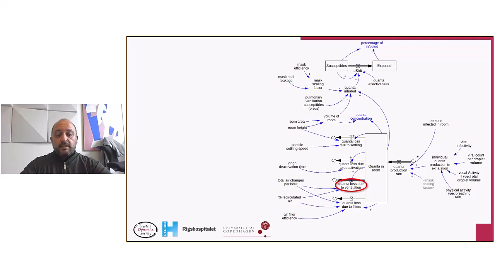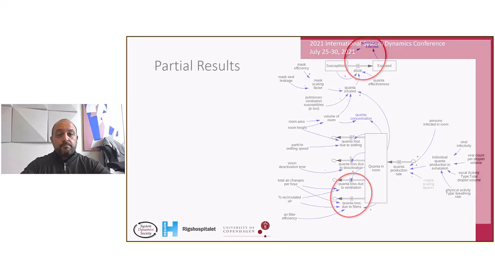Third is the losses due to ventilation air changes, where a fraction of the total ventilation air is fresh air, and therefore particles are lost there. And fourth is the quanta losses due to ventilation filters, such as physical barriers. Finally, our model represents a causal relationship between the infection rate and ventilation characteristics.